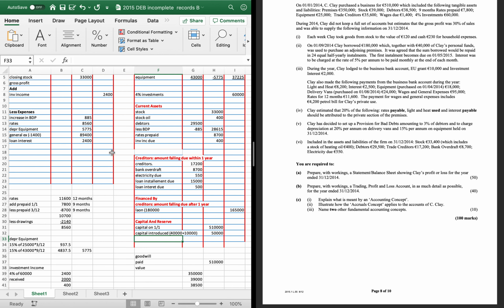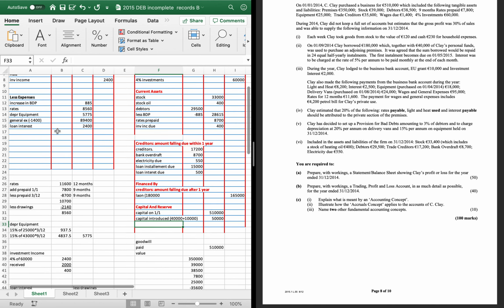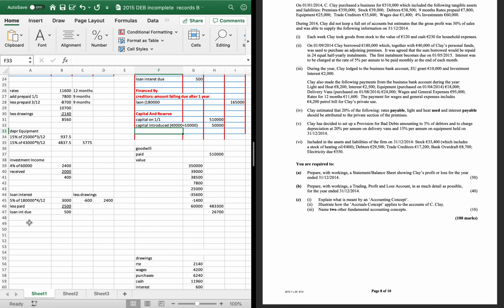The payments, light and heat, we haven't done yet. So we'll do our light and heat working. So we'll start off with our rate 2. You would add on any stock of oil at the start if there was one. You would take away any light and heat due if there was any at the start.